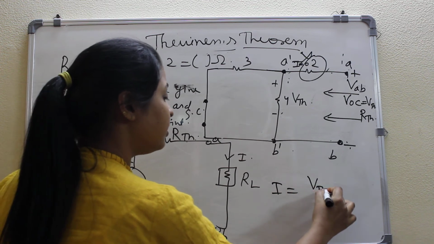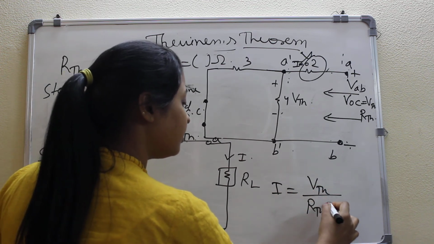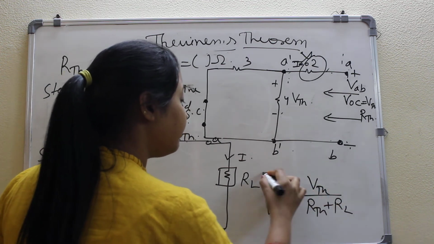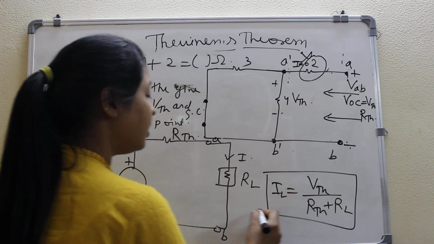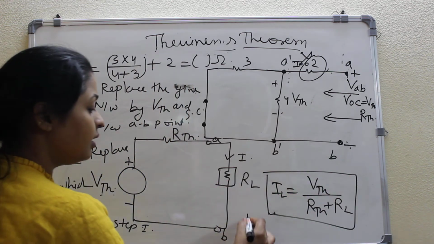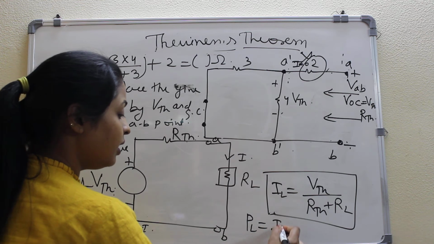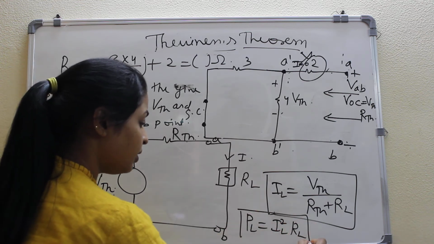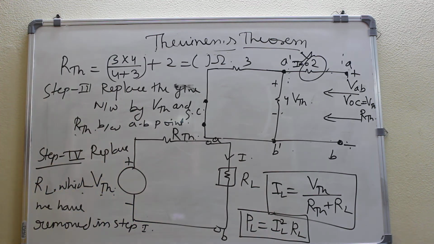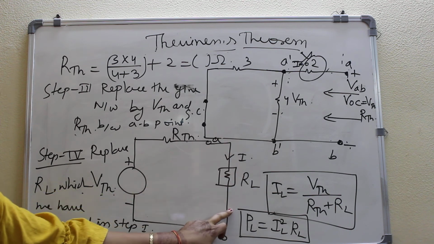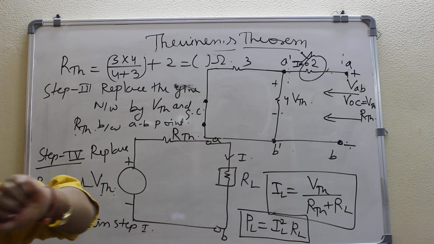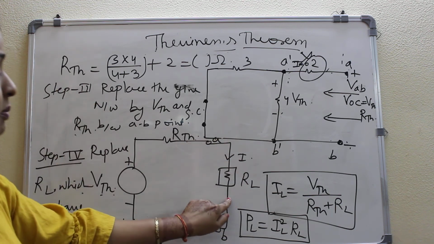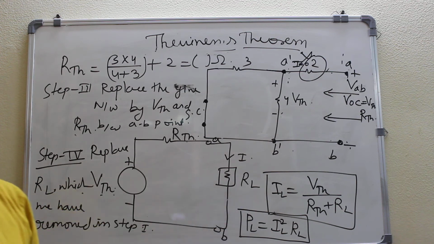V upon R. And if I am aware of I, I can calculate PL, power dissipated across load resistance. So by this way we can calculate the equivalent current flowing through any of the terminal, or voltage across any of the terminal, or power dissipation across any of the terminal by using Thevenin theorem.